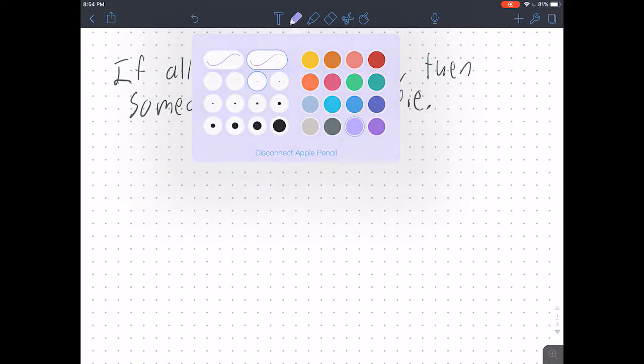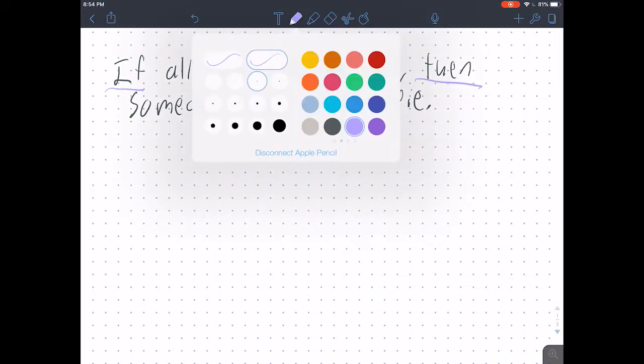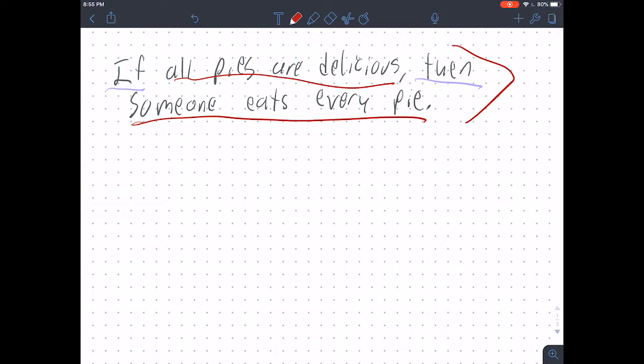This mixes truth functional operators, so we have an if-then there, with things that look a lot like our term logic sentences. And there are certain arguments where, for the premises to imply the conclusion, we have to find some way of representing the structure of sentences like these.